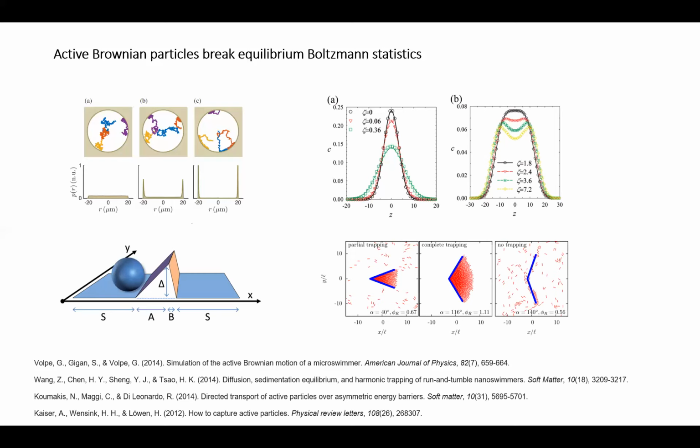trap these particles. Here, for example, you see rod-shaped microparticles that are swimming inside the environment, and they're introducing a V-shaped obstacle. Depending on the angle of this obstacle, if the angle is small, it reaches a certain level that all these particles get trapped.